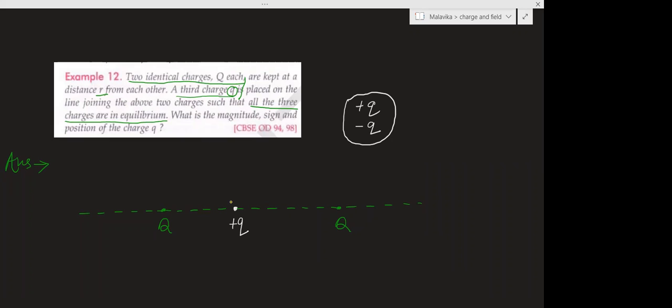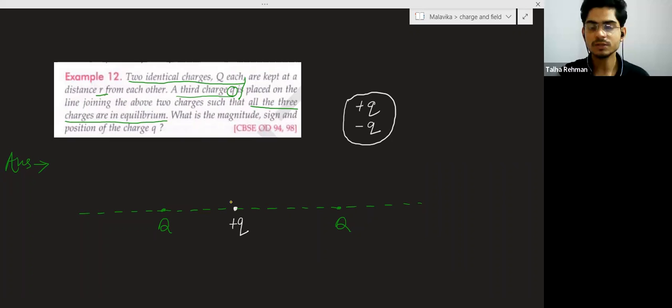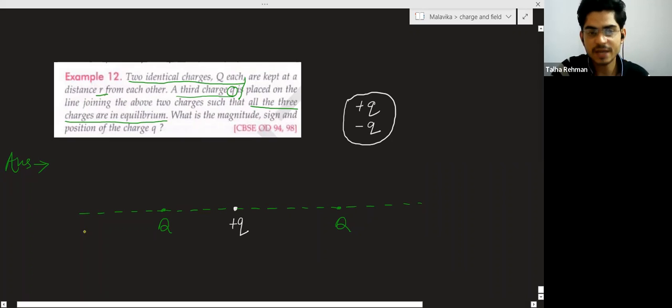All charges should be stable. Means net force on this charge, net force on this charge, net force on this charge should be zero. So I want to calculate the net force. I am supposing this charge as charge 1, this is charge 2 and this is charge 3.